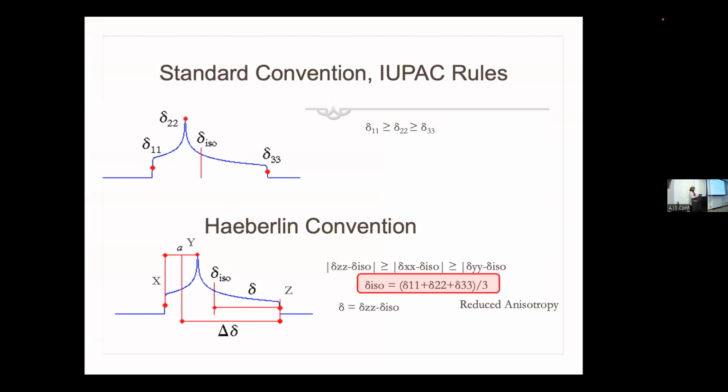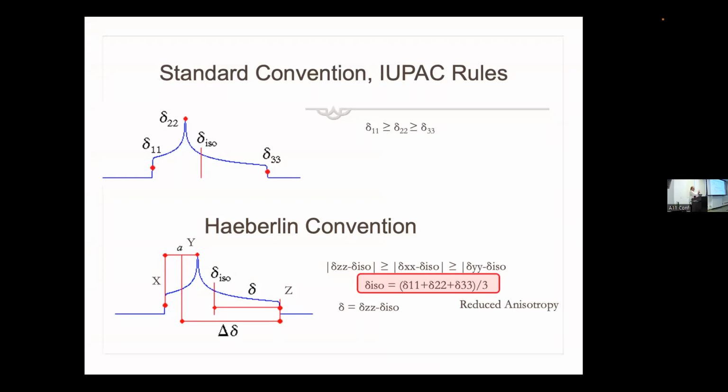But somebody named Haeberlen proposed a different convention, which is elegant and compact. And that is as follows. ZZ, okay? Now, don't get mad. I know we were having the laboratory frame use XYZ, and we only had 1, 2, 3 for the molecule. But the Haeberlen convention uses X, Y, and Z for the molecule also.